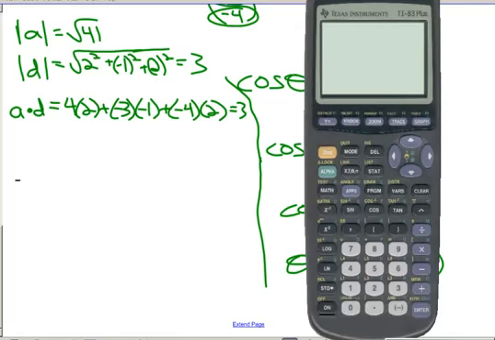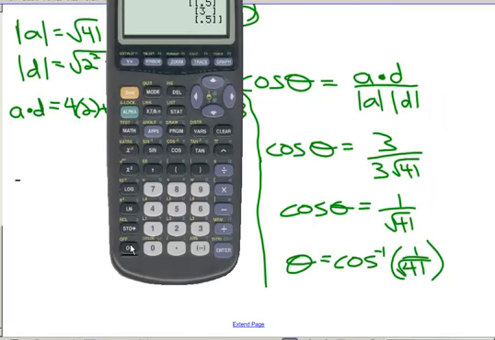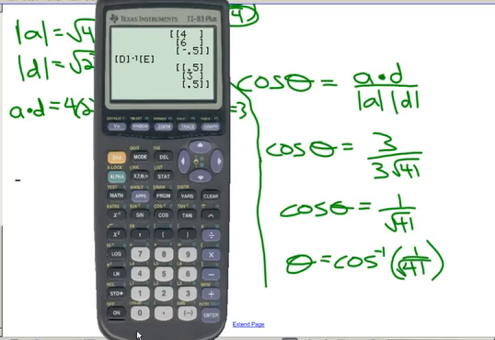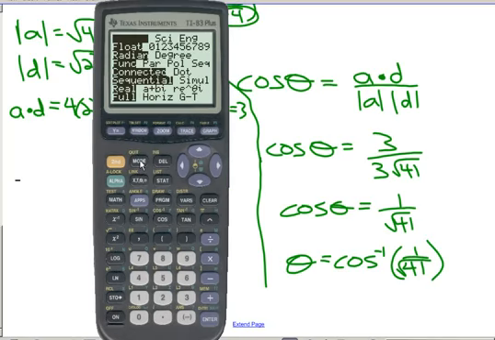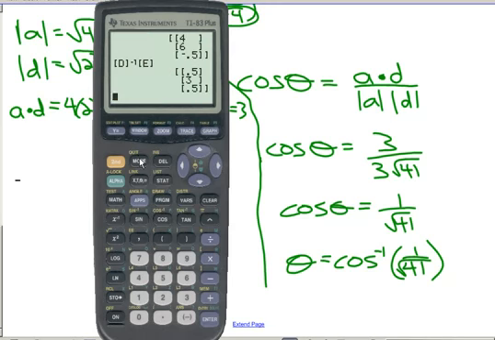The question says to the nearest degree, so that's making me think I probably better put it in degree mode. Okay, and I need to find the inverse cos of 1 divided by the square root of 41. Gives me 81 degrees.